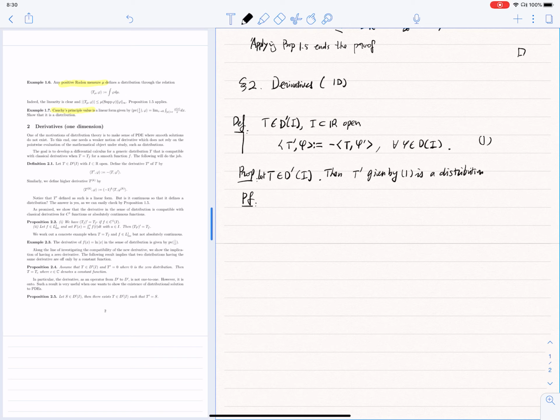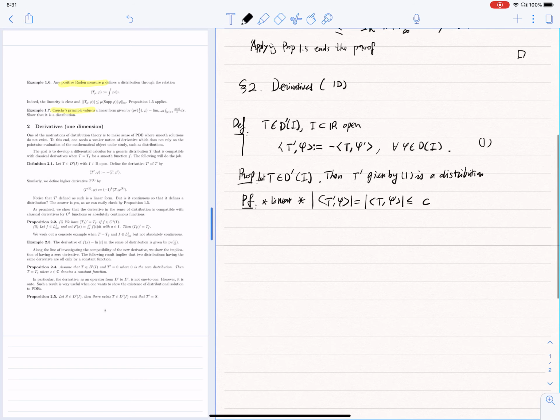Okay, so as I said, it is clearly linear. And we can verify the second property as follows. T prime applied to a test function is equal to T applied to phi prime in absolute value. And this is bounded by a C, which depends on the support which we fix in advance.